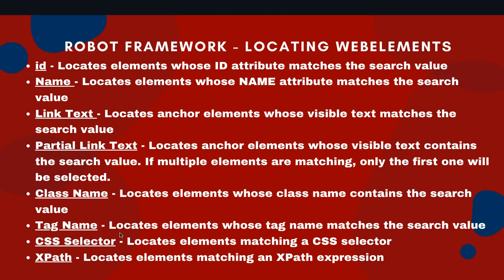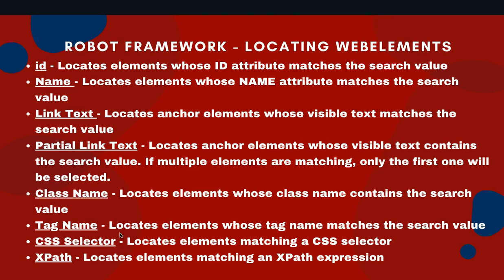For example, you are verifying the user sign up, so you click on the sign up button, click on the username text box, provide the username, then provide the password and click on the sign in button. Now this is a very simple test case that you are trying to do manually, right? Now how will an automation tool know what it has to do on that particular web page? That is where all these web element locating strategies come into the picture.